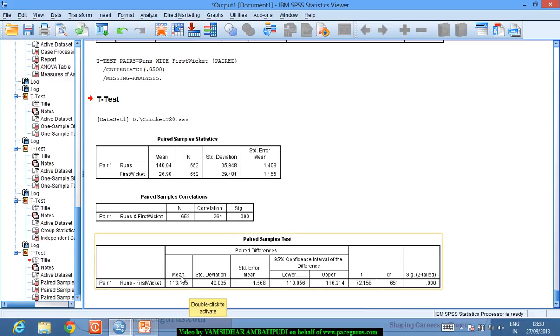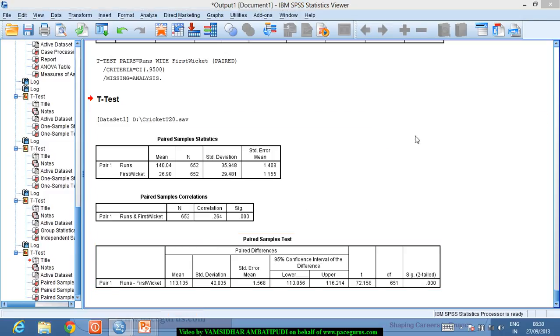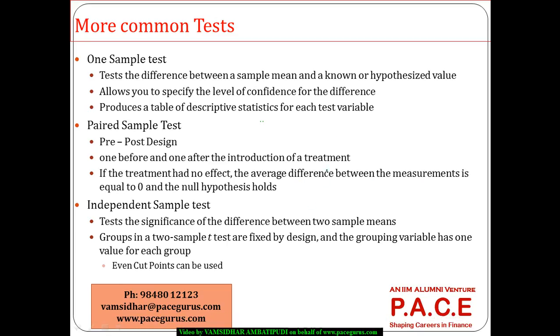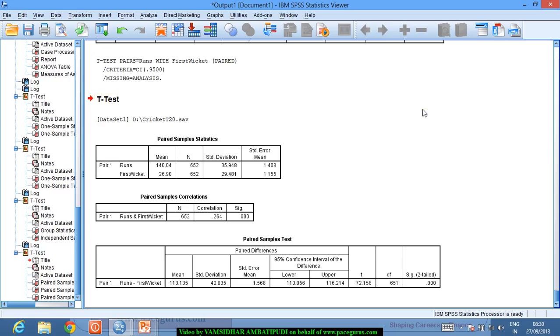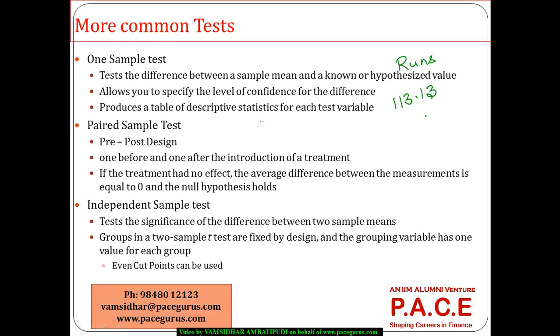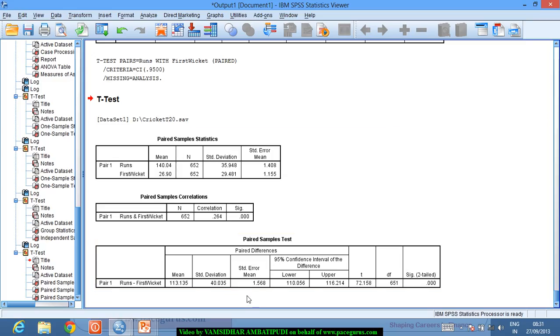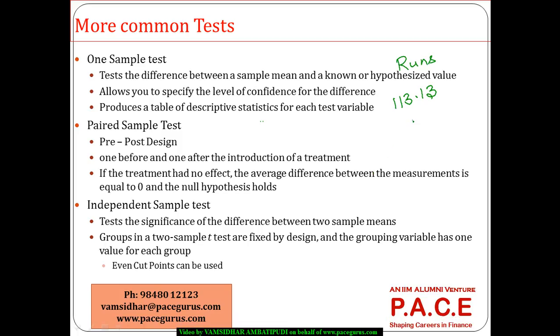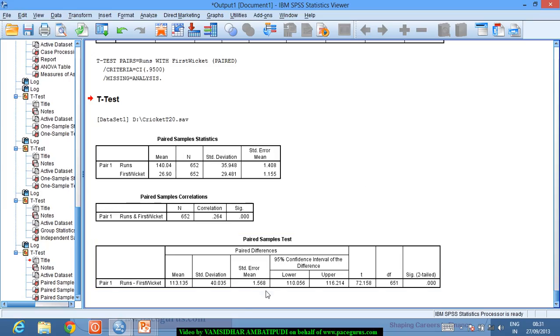On average, the difference between the total runs and the first wicket partnership is 113.13. It also says the standard deviation of the difference is around 40 units and the standard error is 1.56. It also gives the 95% confidence interval of the difference.